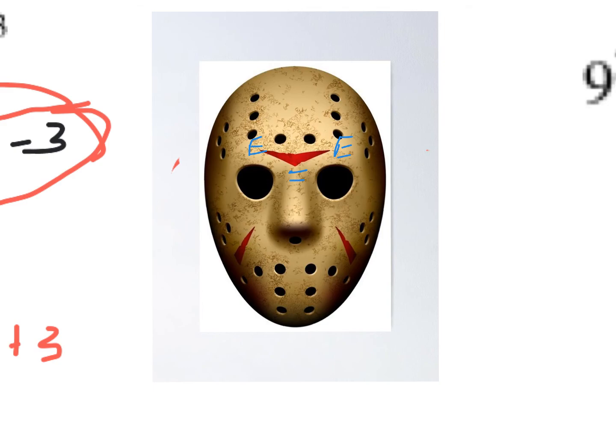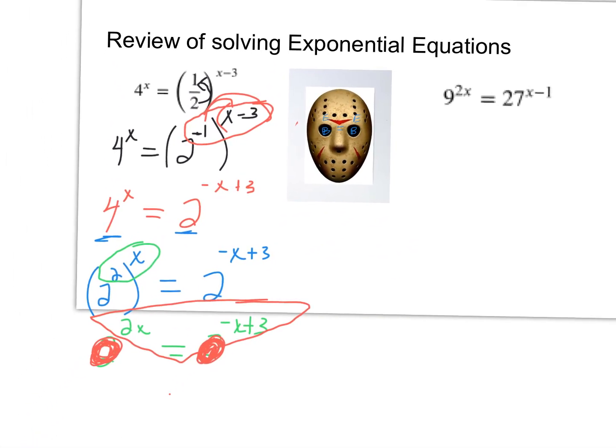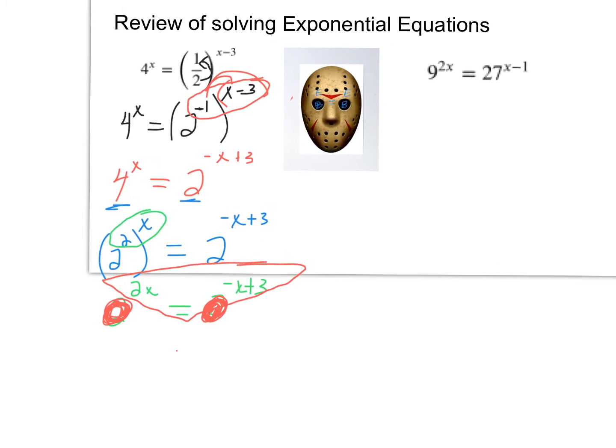So there's your triangle, and then the bases are going to be the eye sockets. That's what I'm referring to as Voorhees method. Okay, so let's come back to our problem. I'm going to have to shrink that down a little bit.